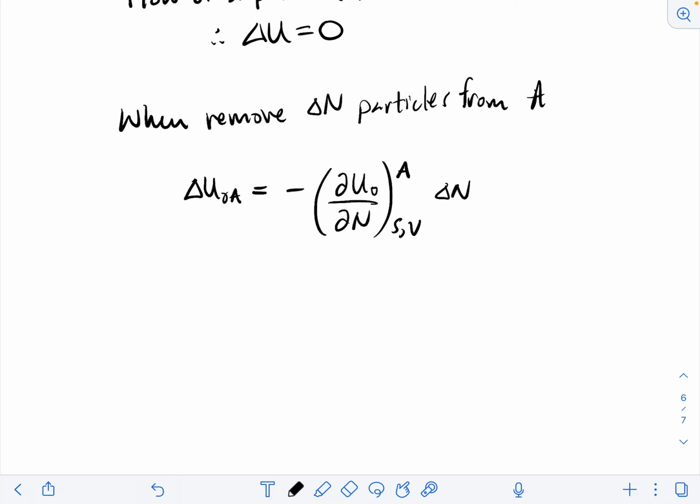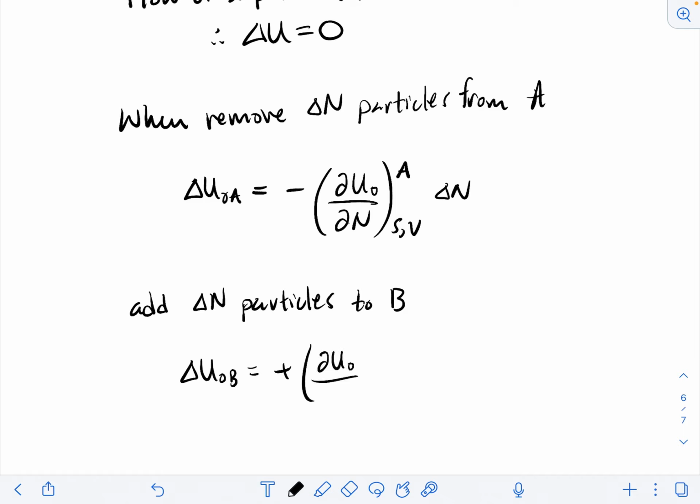Then we're going to add delta n particles to B, and delta U0B is going to be equal to plus. It has the same form, except this is going to be for volume B, times delta n.